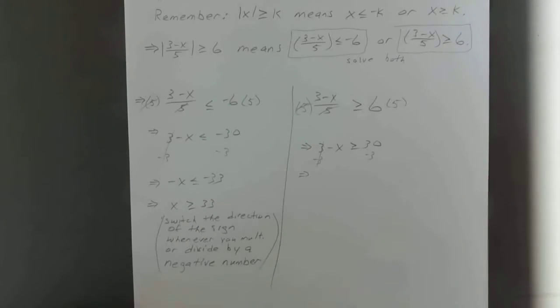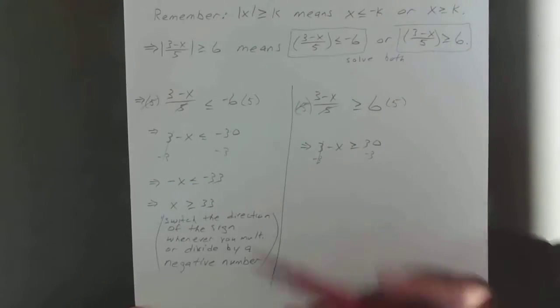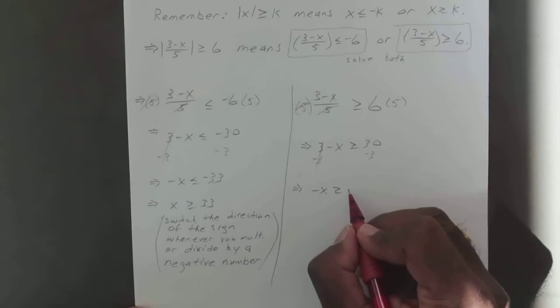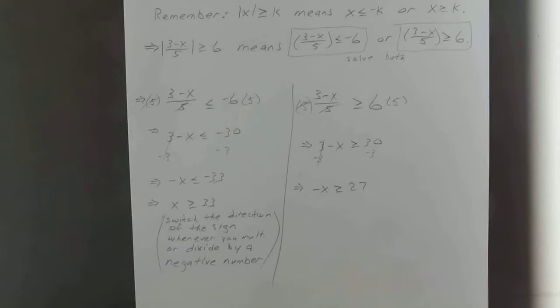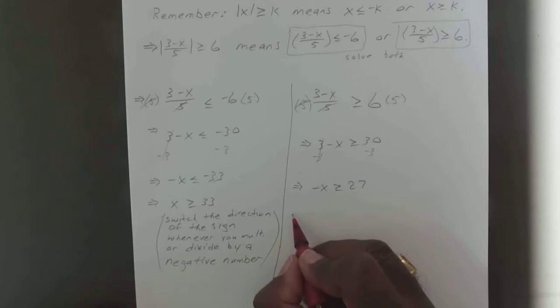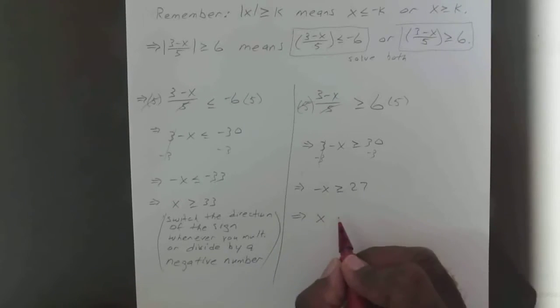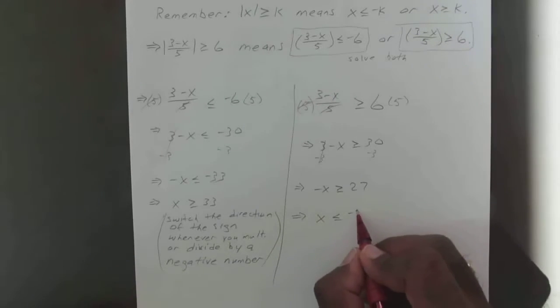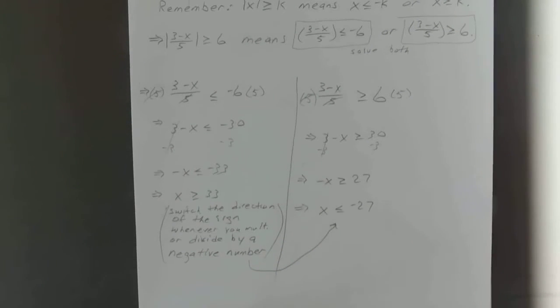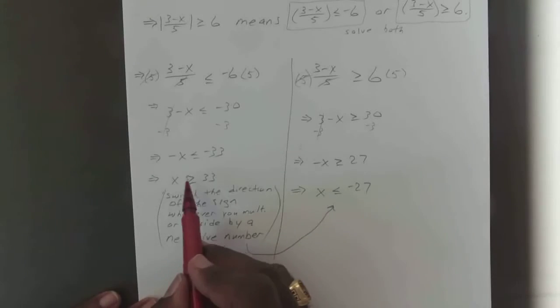You have negative x is greater than or equal to 27. Again, if you multiply or divide by a negative number, you have x is less than or equal to negative 27. So this applies to this one also.